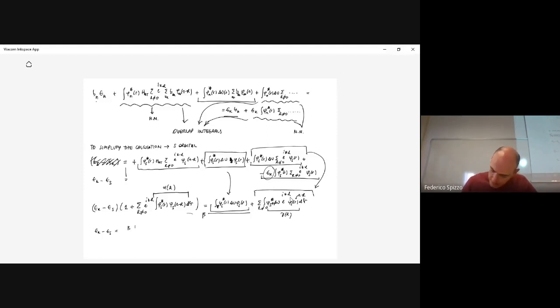So that is beta plus summation over R different from 0 of e to the i k R gamma of R, divided by 1 plus summation over R different from 0 of e to the i k R alpha of R. This is quite often simplified in this way: at the denominator there is 1 plus the summation of the overlap integrals without perturbation involving next neighbors.